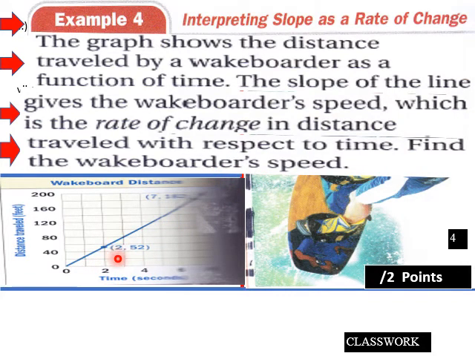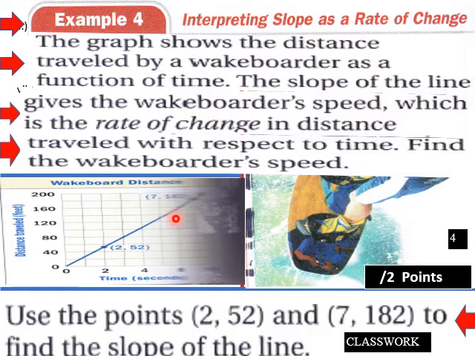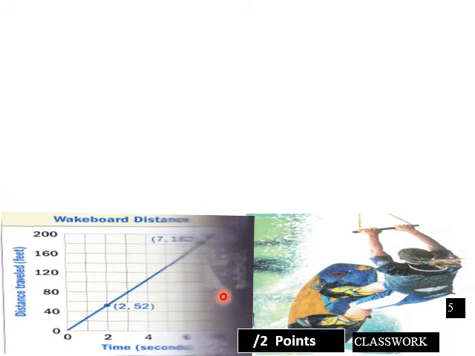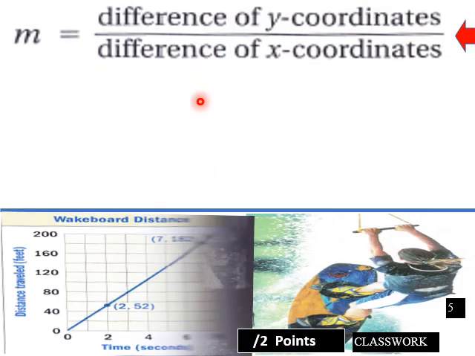We have ordered pairs (2, 52) and (7, 182). With that, we can find the slope of the line. Here's our 52 point, and here's our 182 point over here.